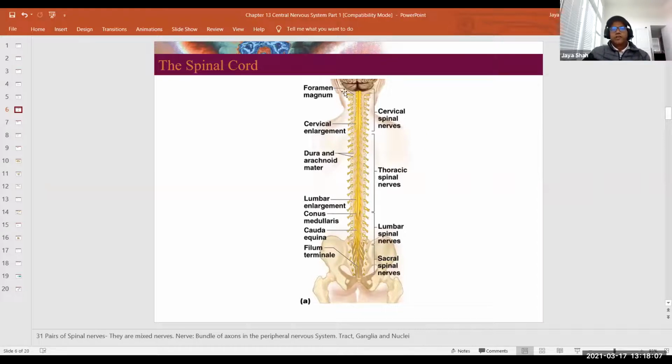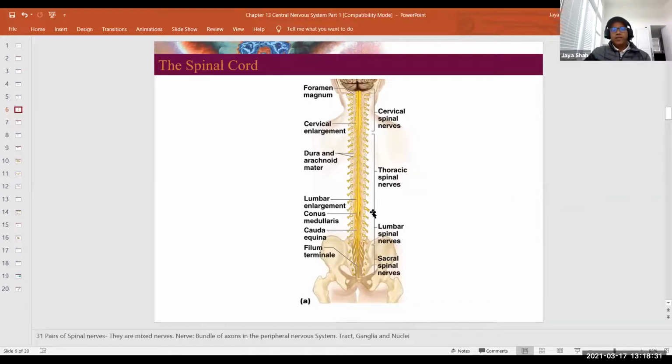So you see there is an opening in the skull, the foramen magnum, and then the spinal cord comes down, and it ends at lumbar 1 or lumbar 2. And then we have the cervical spinal cord and cervical spinal nerves in this area.